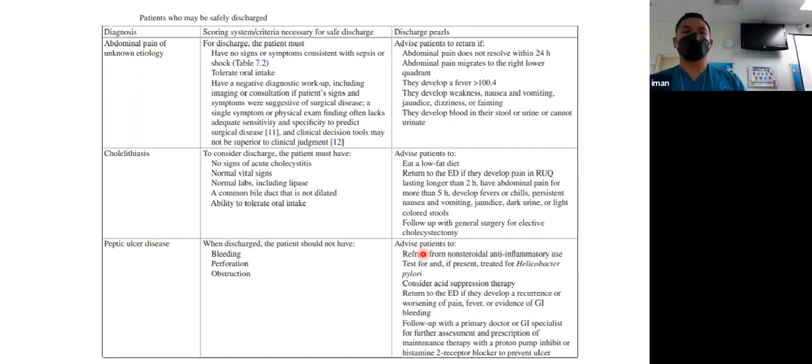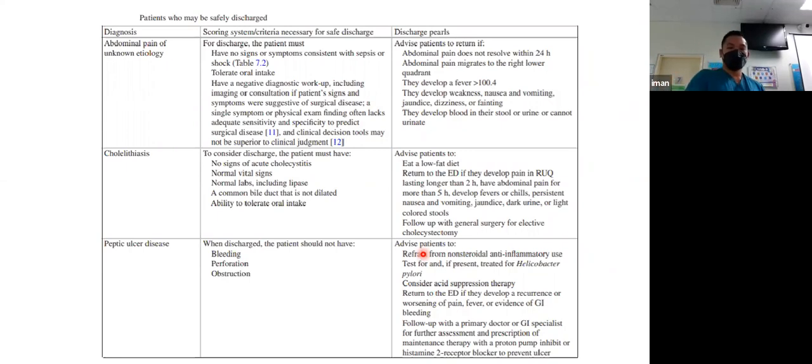When discharging, we advise the patient to eat a low fat diet, and return if they develop right upper quadrant pain lasting more than 2 hours. If there is jaundice, dark urine or light colored stool, please come back to us. Also make sure the patient with cholelithiasis follows up with surgery for elective cholecystectomy.